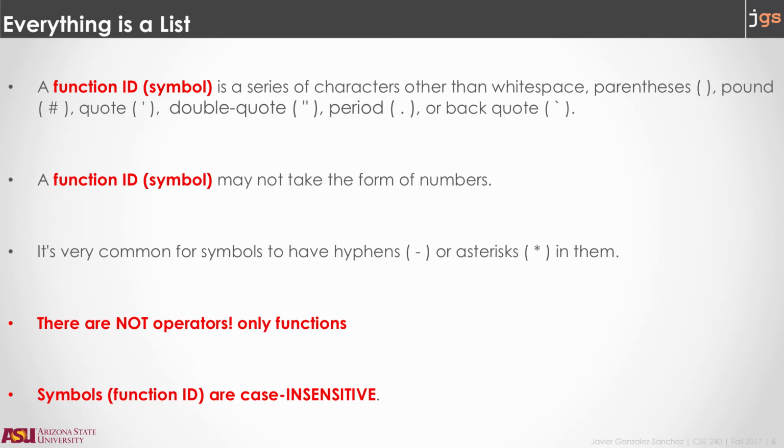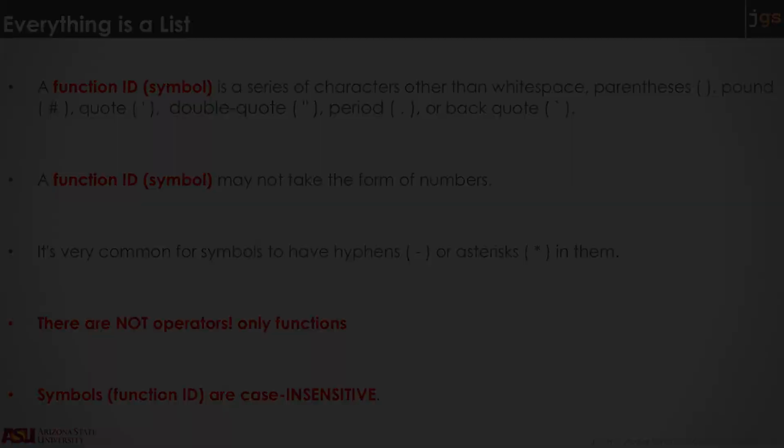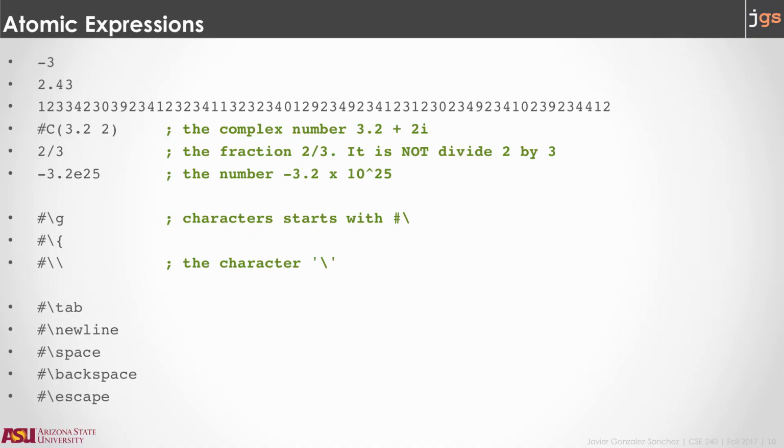Finally, function ID symbols are case insensitive, so that means that you can write the name of a function using uppercase, lowercase, or a combination, and the meaning will be exactly the same. As parameters, we can use lists, as I showed you before, but also we can use atomic expressions. Atomic expressions represent primitive data, and we have the following.